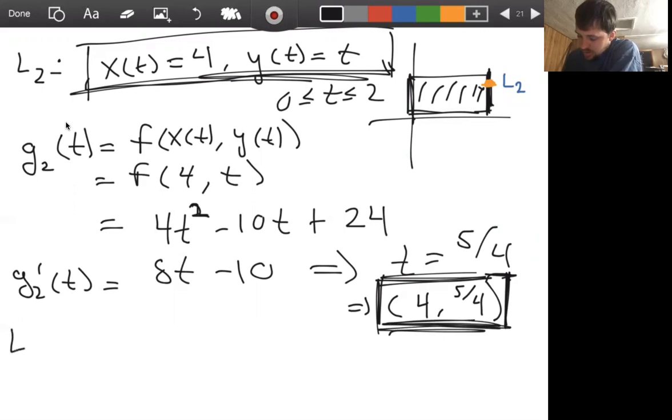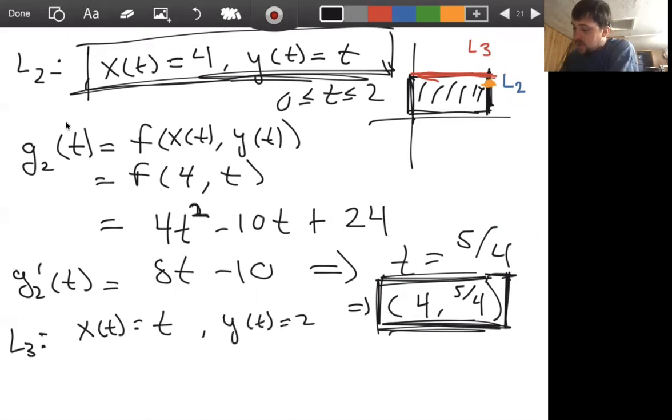Let's go to L3. Now we need to parameterize L3, which is the top line segment. Well, x is varying again, and y is fixed this time, at 2. We can move along L3 however we want in the x direction, but our height is fixed. We're not changing y at all. It's always at 2.